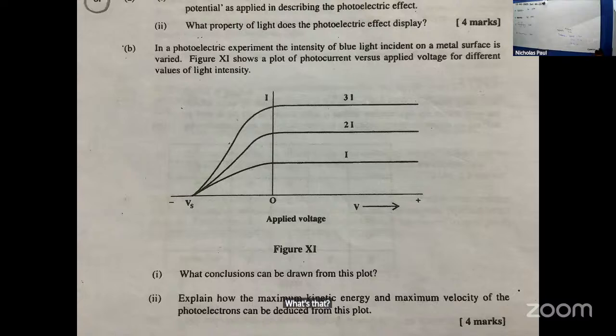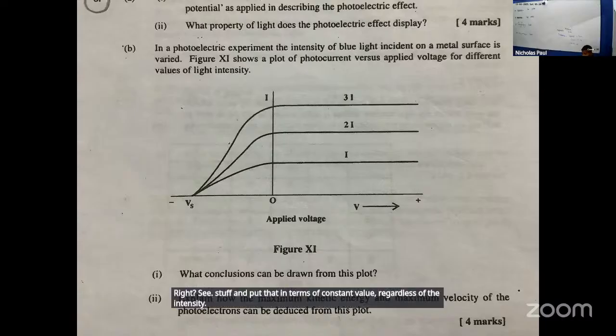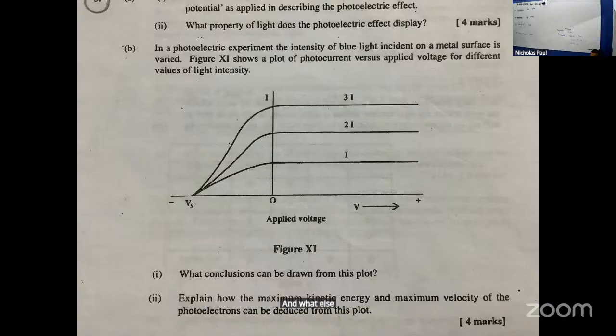First conclusion is what? Stopping potential is a constant value regardless of the intensity. And what else happens at stopping potential? Current reading is zero, right? Photocurrent reading is zero. Thirdly, what's a third conclusion? Right.